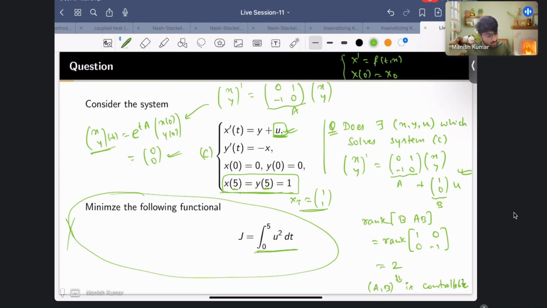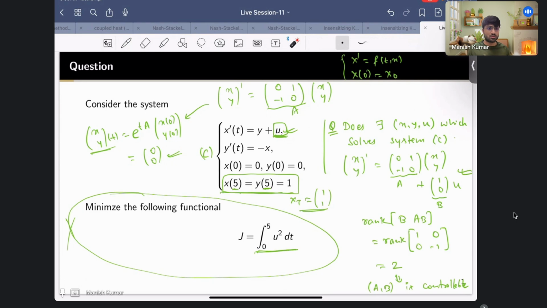Now in addition to this question, you have added one more thing: you know that the solution for this system exists. So you will get the pair x, y, u such that this system has a solution. Now this system can have infinite solutions, right? The control u need not be unique.